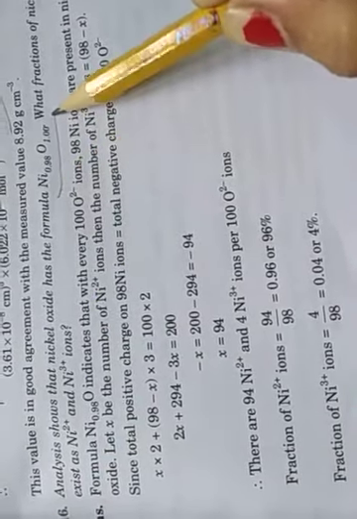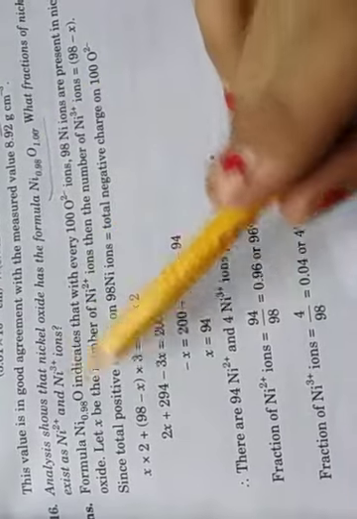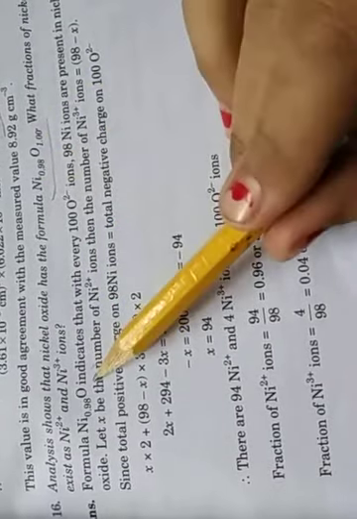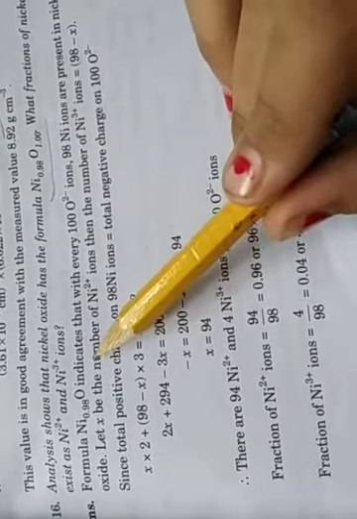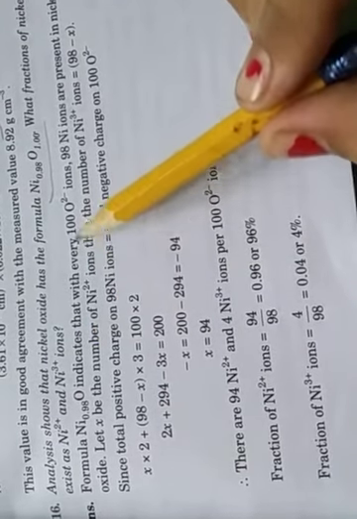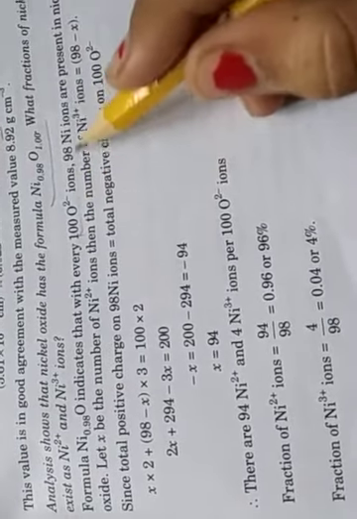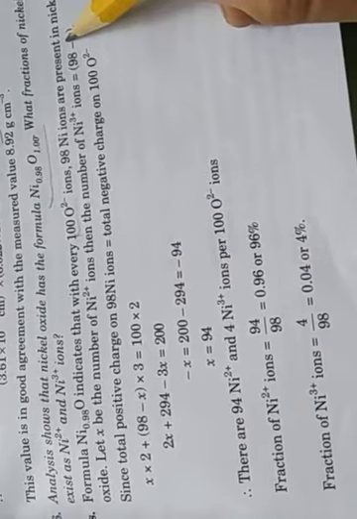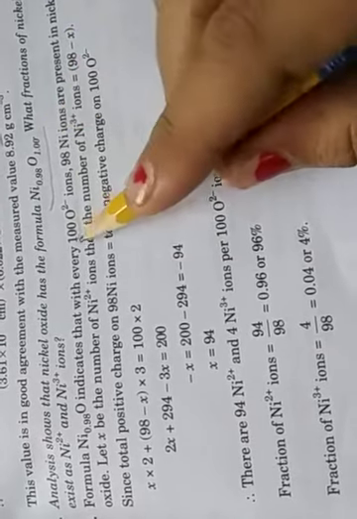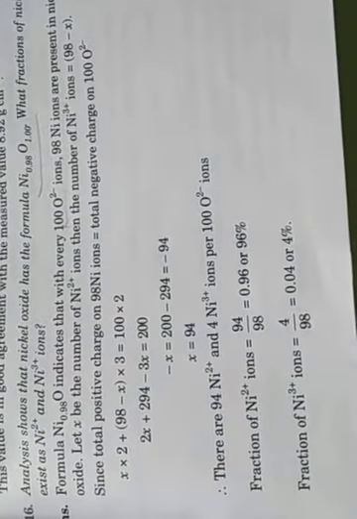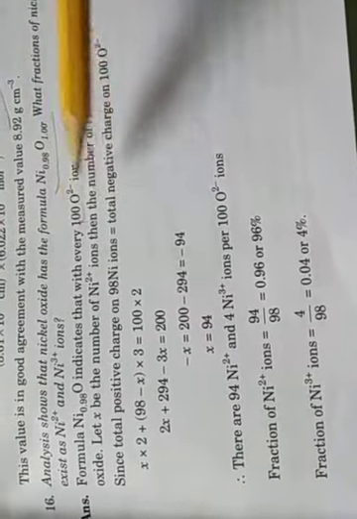The formula Ni 0.98 O 1.00 indicates that with every 100 O2 minus ions, 98 nickel ions are present, because 1.00 converts into 100. So that means 98 nickel ions are present in nickel oxide.